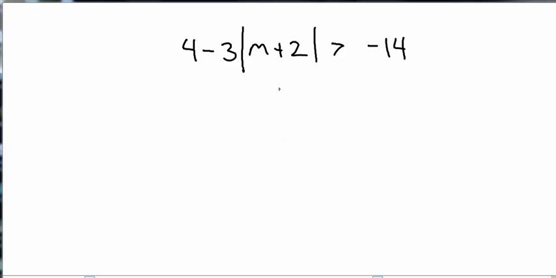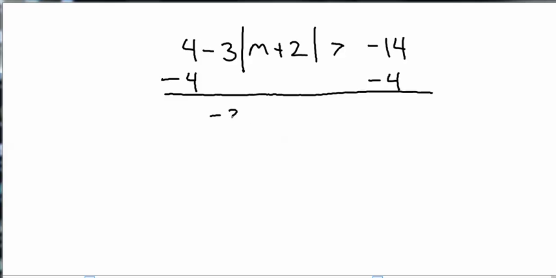That's why it gets you every time. The first thing you've got to do is subtract 4. You've got to subtract 4 first. And then you get negative 3 times the absolute value of m plus 2 is greater than negative 18.